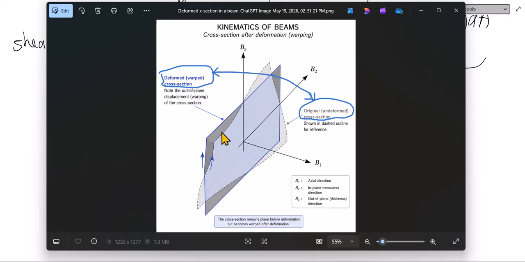Compare this to the initial Euler-Bernoulli, where this plane remains plane, rigid, and just rotates. But here we have made a lot of progress in terms of giving the beam more degrees of freedom to behave and to deform according to the applied load.